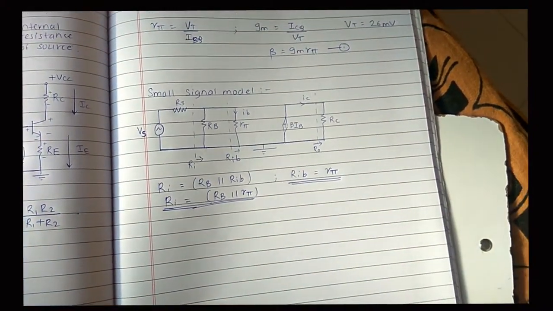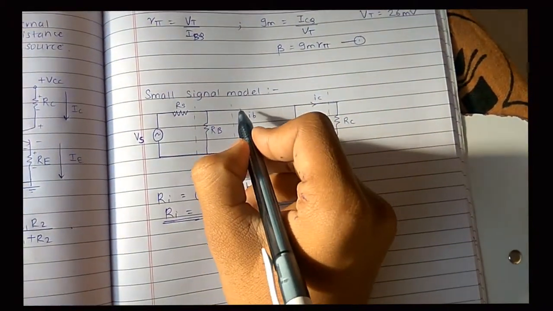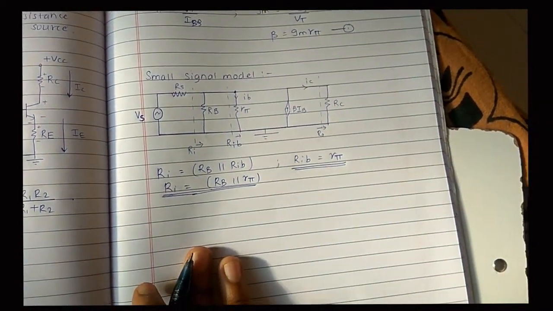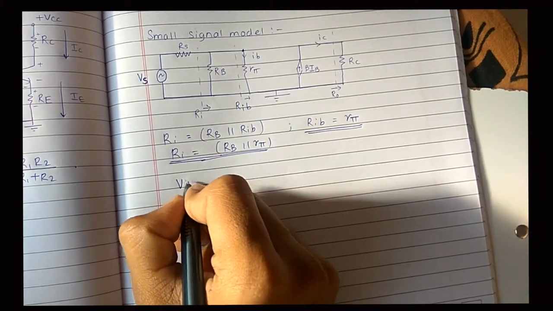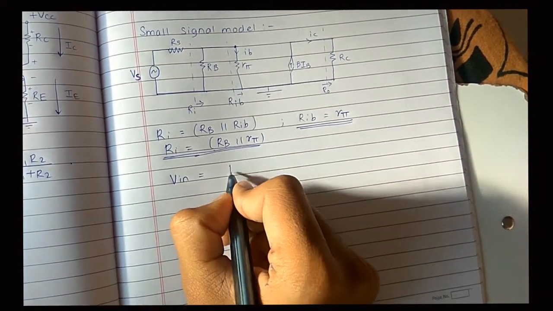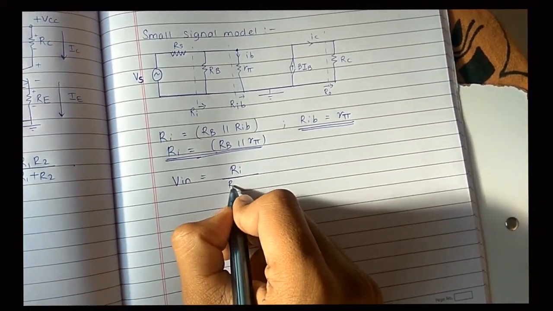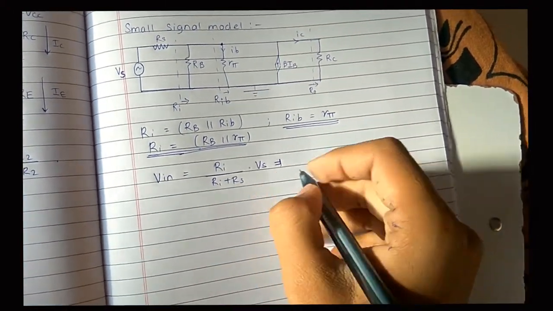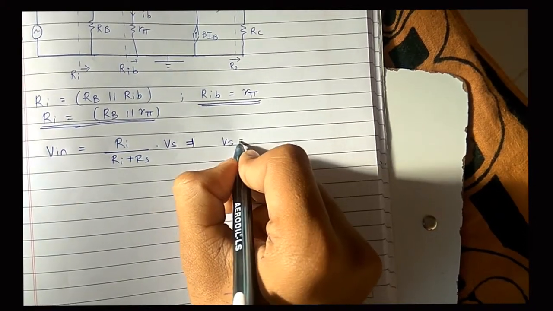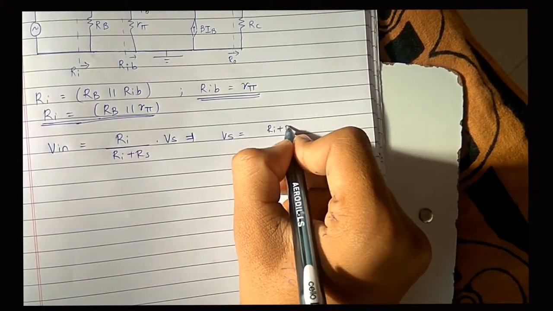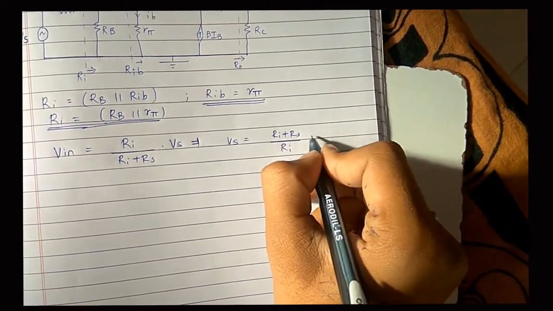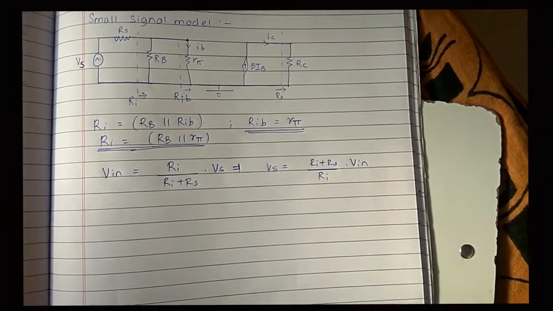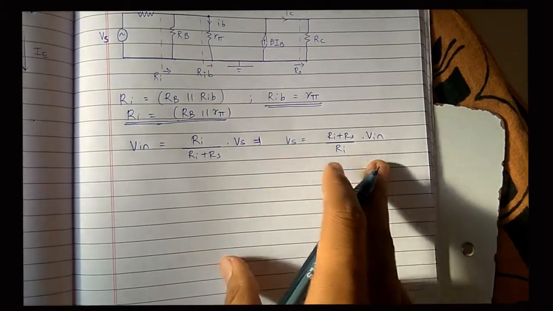So now what will be the voltage at the input? The input voltage Vin is equal to Ri upon Ri plus Rs into Vs, which implies that Vs is equal to Ri plus Rs upon Ri into Vin. I think there is no sort of confusion here.